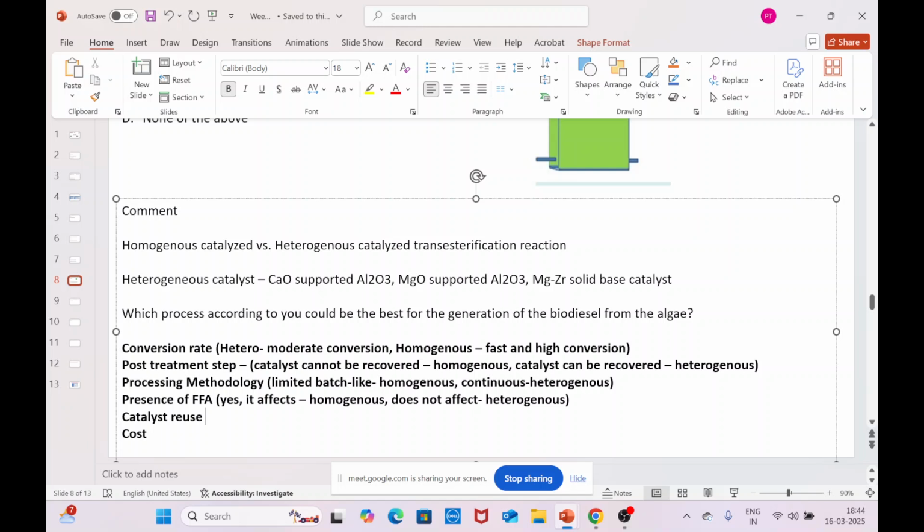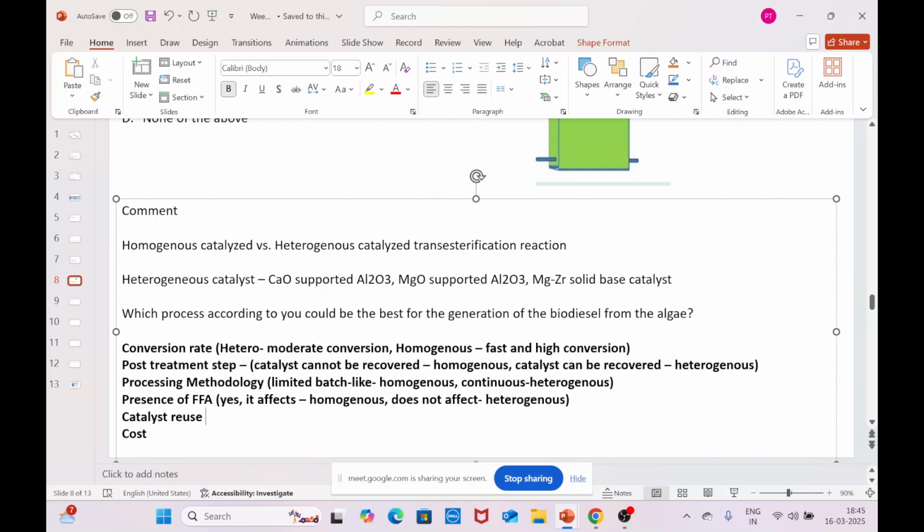So even though the conversion rate for heterogeneous reaction is less, all the other parameters support this process, in contrast to the homogeneous, where all the other parameters are against, despite it having fast and high conversion.